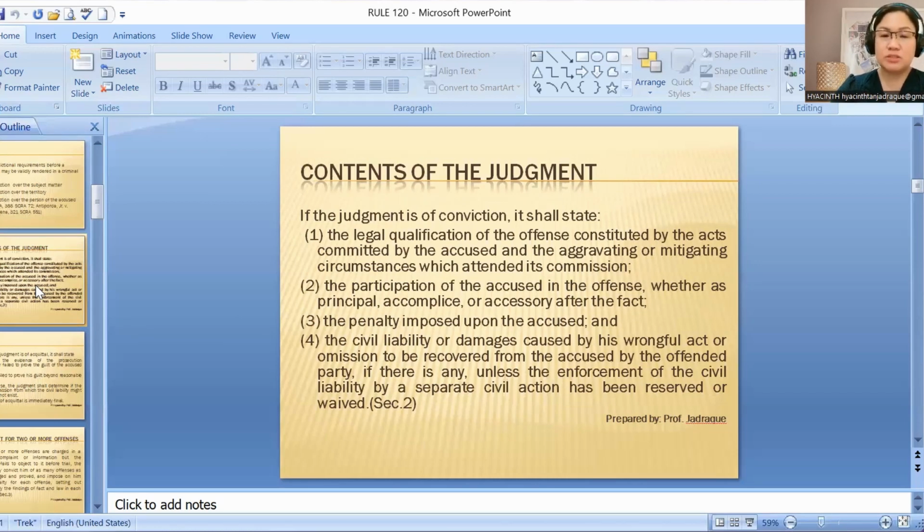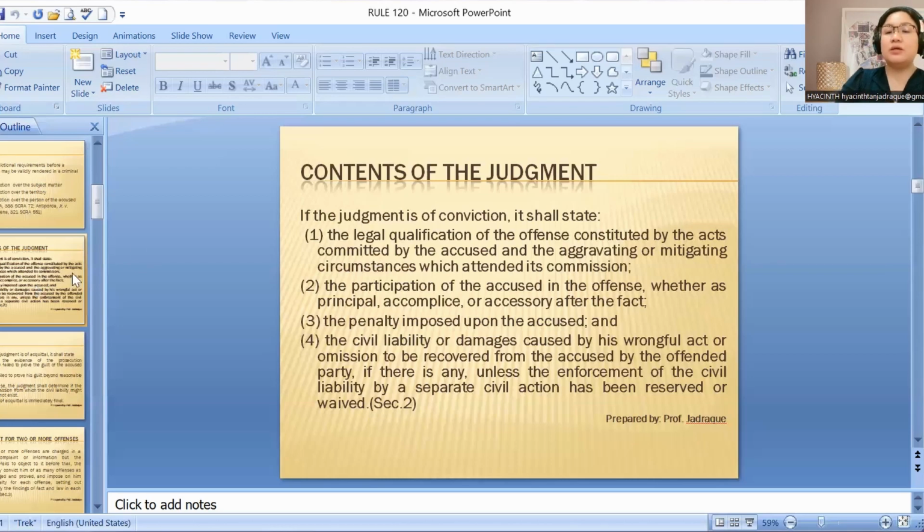In other words, for example, if you have a crime of murder, the court has to state the particular provision of the law that defines murder. Of course, why would it be murder? The court has to specify as well the aggravating circumstances, as well as the mitigating circumstances, if any, that attended its commission.